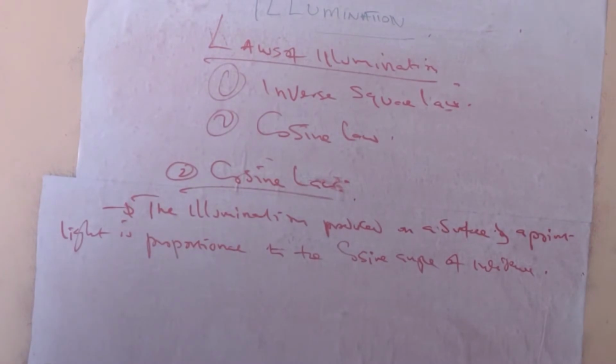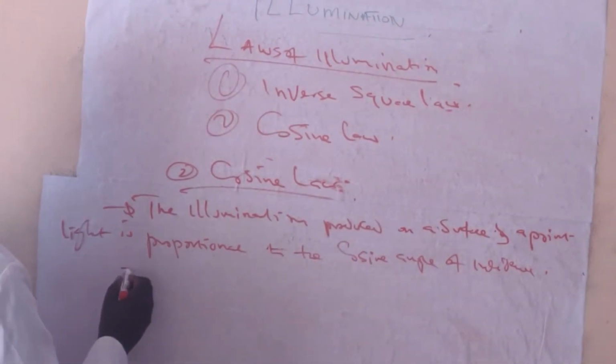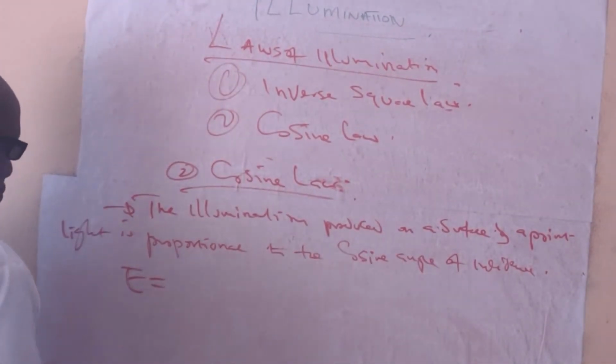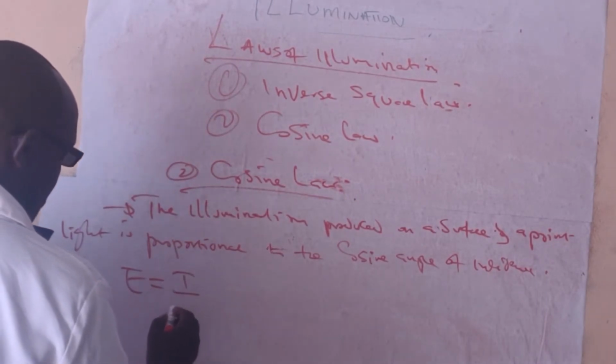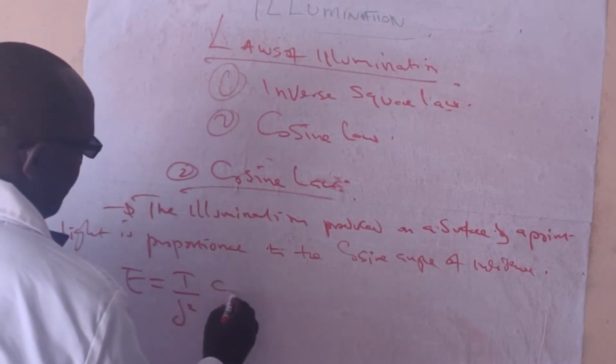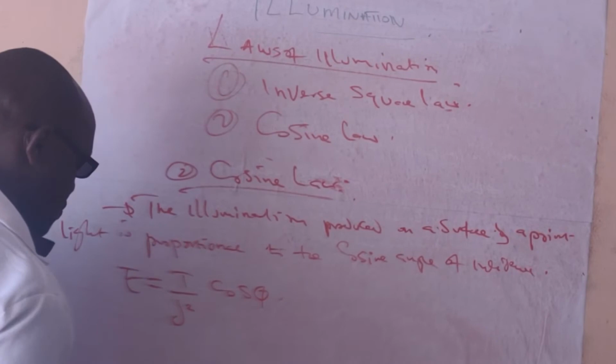So illumination is equal to intensity over the square of distance multiplied by the cosine of the angle.